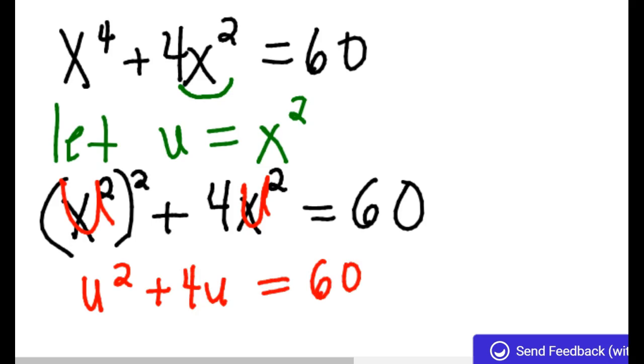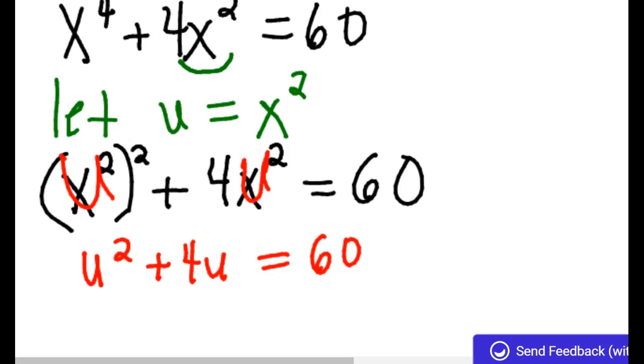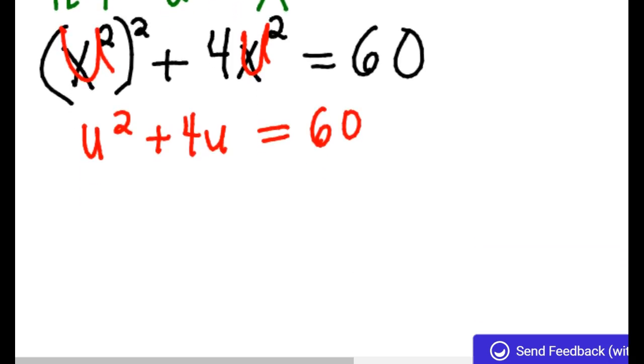Now we have a quadratic that we can solve using any of the methods that we prefer. I'm going to write this in standard form. Remember, in standard form your powers are decreasing, and then we set it equal to 0.